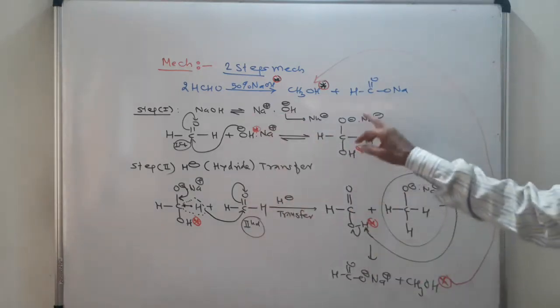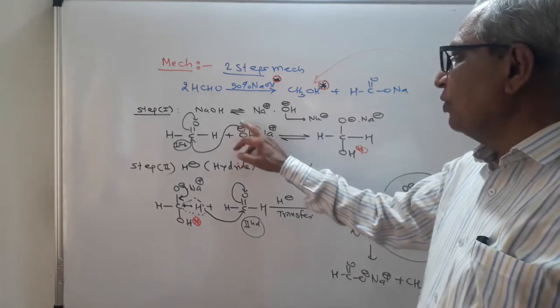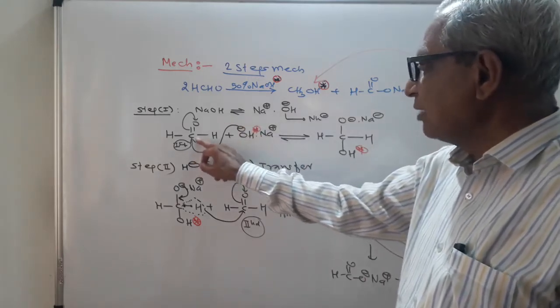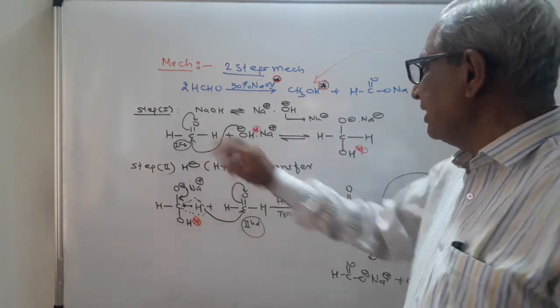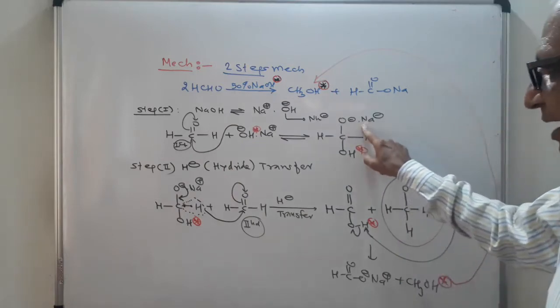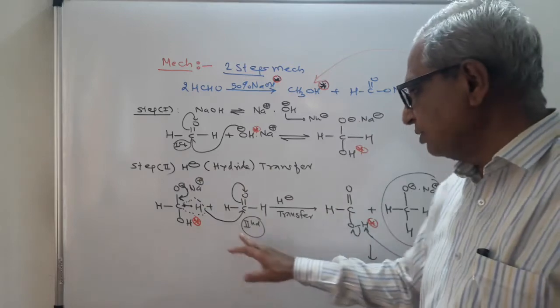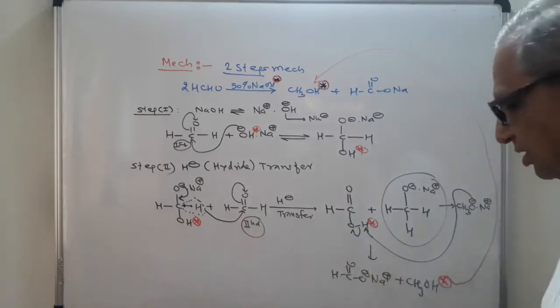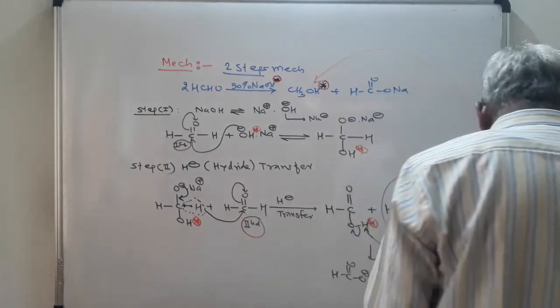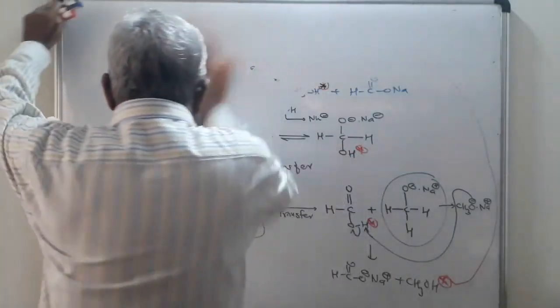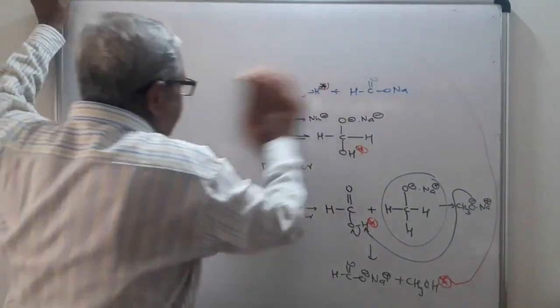First step is a nucleophilic attack of the OH minus on the carbonyl carbon. See, this is the nucleophilic attack. You will get this anion. Second step is the hydride transfer from one molecule to another molecule. You will get this structure. So we completed the Cannizzaro reaction.